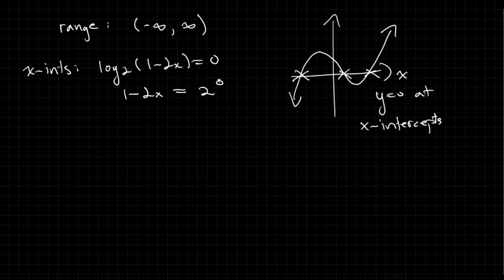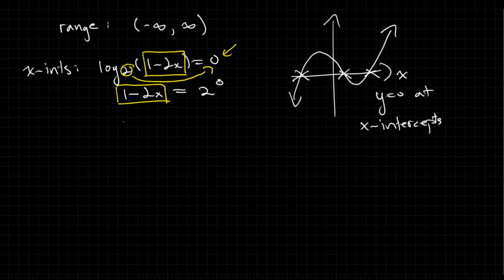Remember, if you're taking the logarithm of something and it's equal to some other number, then we move the base over to the other side and we keep on the left-hand side whatever we were taking the logarithm of. The 0 moves to the exponent, and so we arrive at 1 minus 2x equals 2 to the 0.